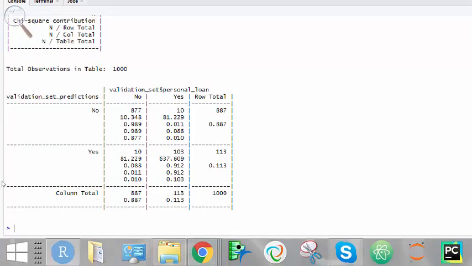So here's how my model performs on the validation set. Okay, well, ladies and gentlemen, without writing down expressions, without writing down numbers, tell me what is the accuracy of this confusion matrix? 98%, that's right. Everybody sees that? Why 98%? Because I have to add percentage of true negatives and percentage of true positives, right?